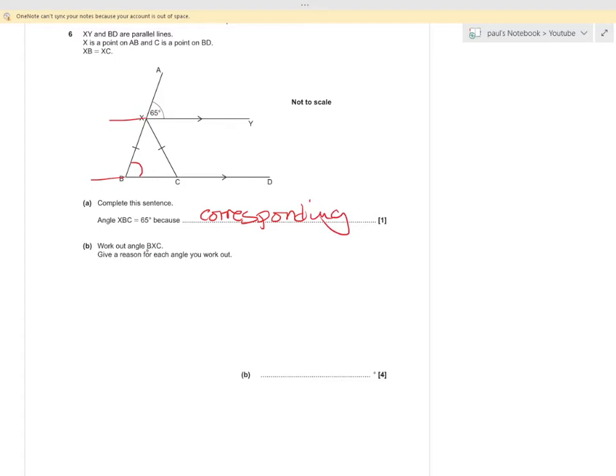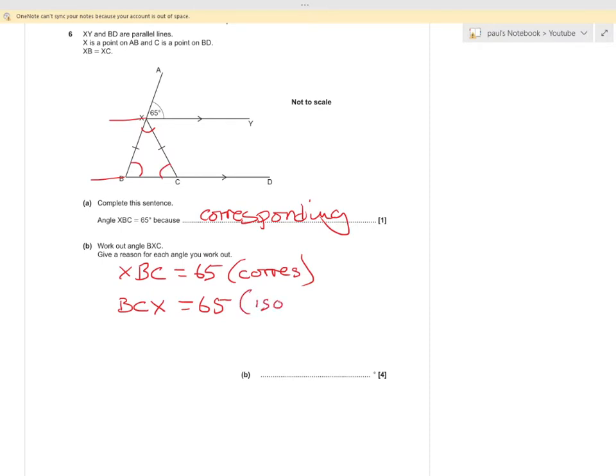Now, work out angle BXC. BXC. That one. Right, okay, so XBC equals 65. That's the corresponding, yeah. BCX equals also 65.